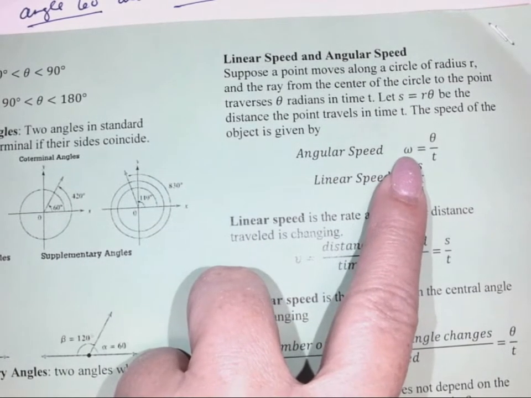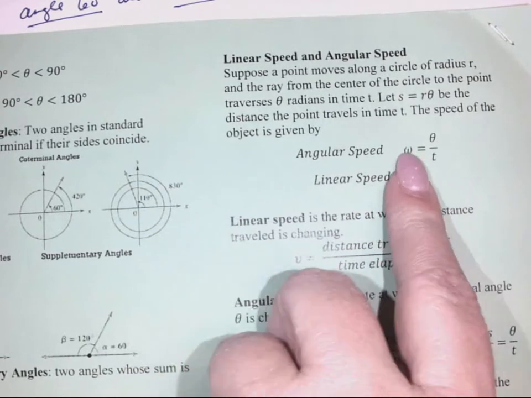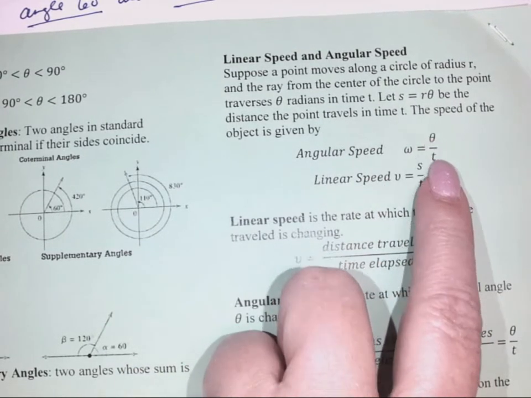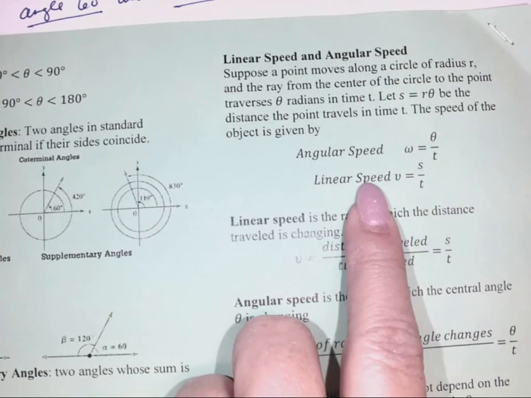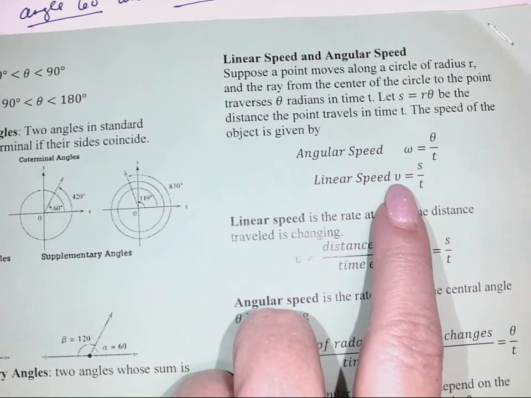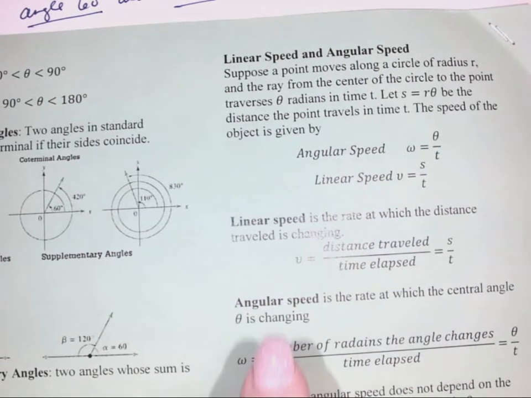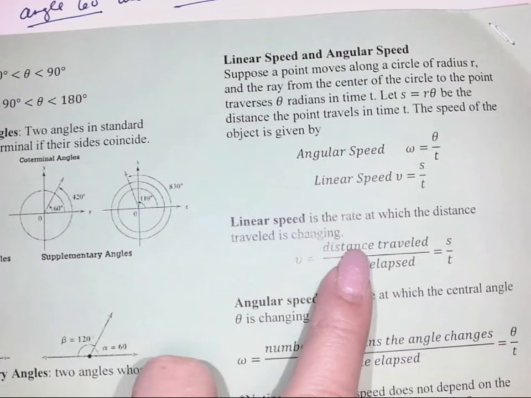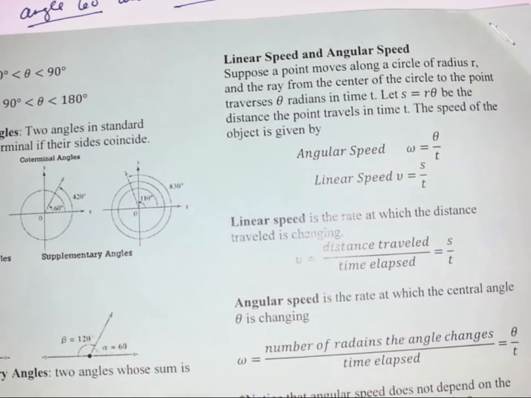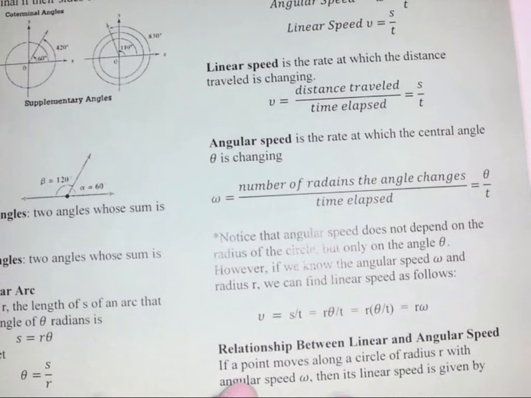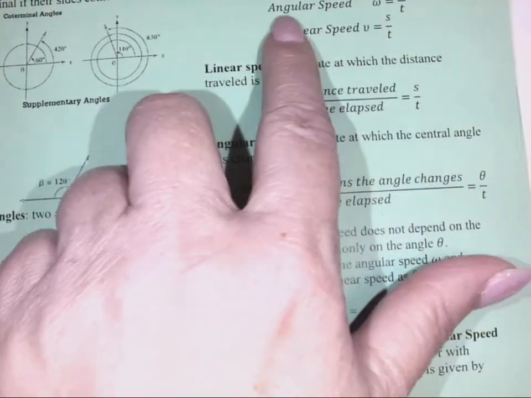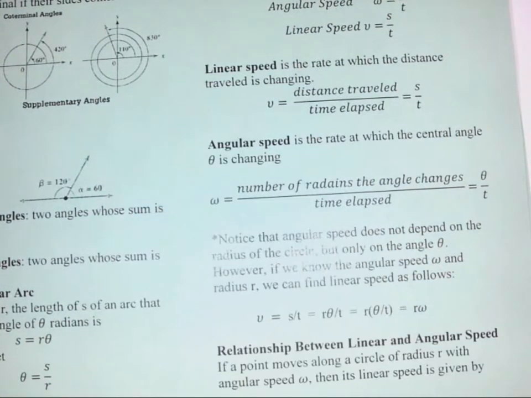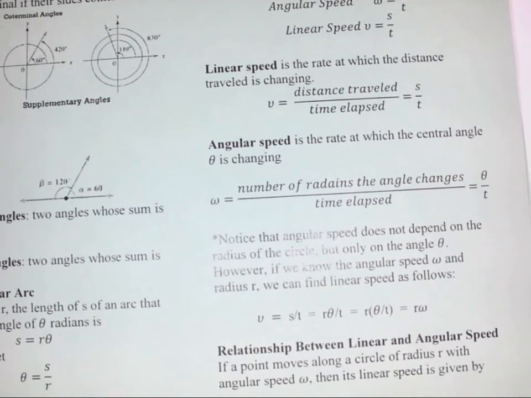So we have omega equal to theta over t, and our linear speed v is equal to s over t. Linear speed is the rate at which the distance traveled is changing, so it's the distance traveled divided by the time elapsed, s over t. So your travel distance divided by the time is what you're looking at.